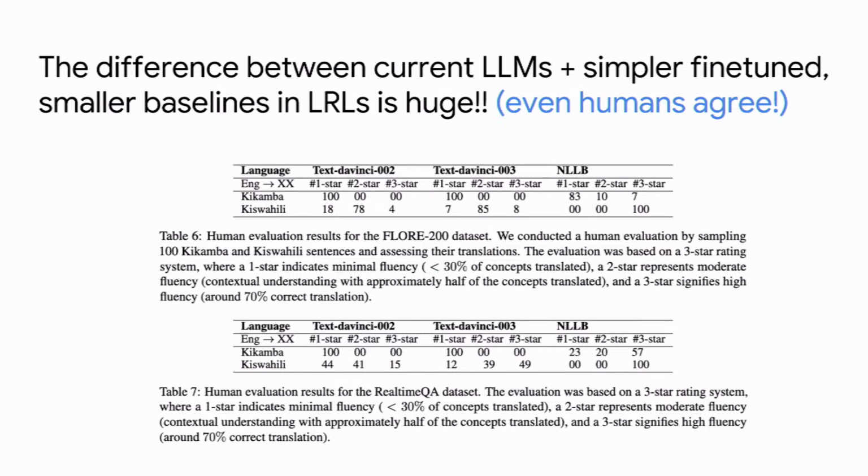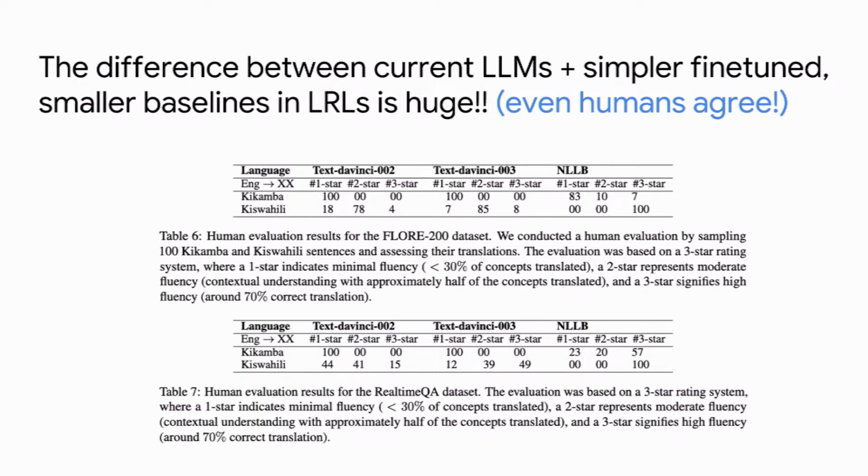The interesting thing here is we did a human evaluation of the outputs of the models on different sets. We did the Flores 200 data set, which we saw in the previous slide, and humans did tend to prefer NLLB over TextDaVinci 3 and TextDaVinci 2. Note that for TextDaVinci 2 on Kikamba, everything sucks pretty much.